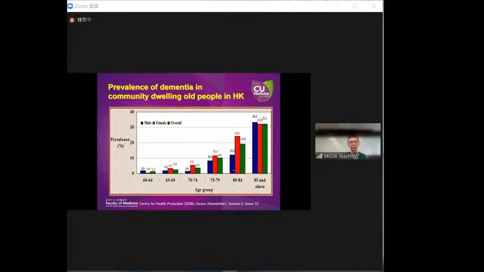So in this sample, they found that the prevalence of dementia is clearly age-related. Below the age of 70, it is an unusual diagnosis. But after the age of 70, the prevalence increased almost exponentially. When you look at people above the age of 85, over a third had dementia. Another point to make about this slide is the gender difference.